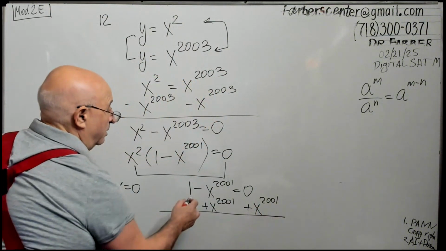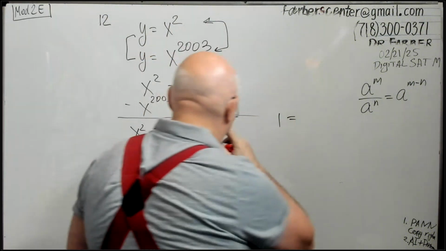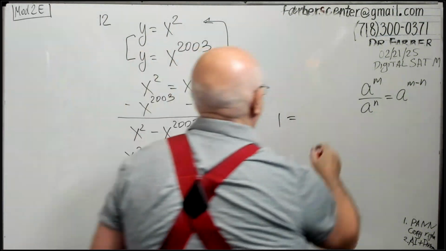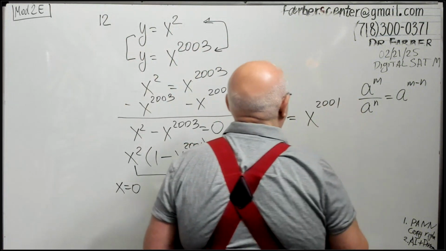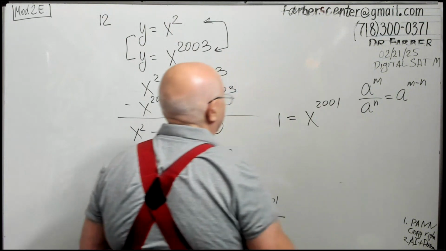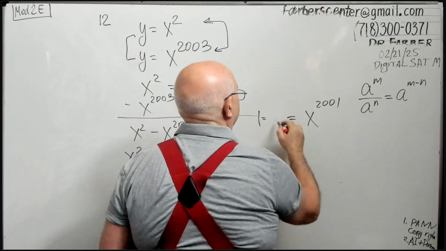And what do we have? I write here 1 equals, cancel out, x to the power 2001. Or for convenience you can write it the same as x to the power 0.